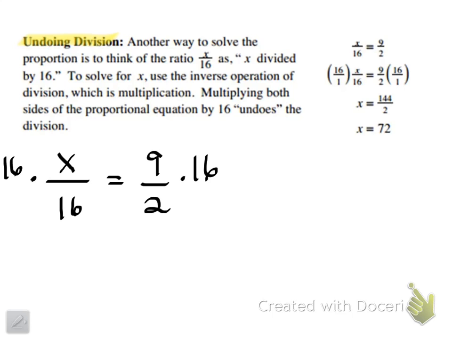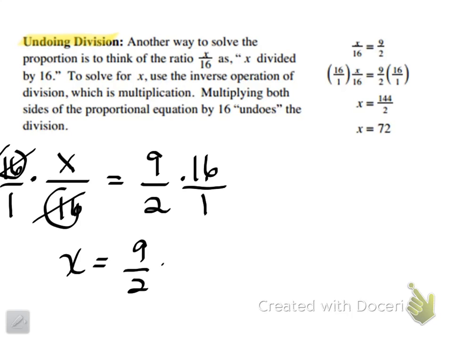Now multiplying both sides by 16, we see here that 16 can always be 16 over 1, and now we just have a multiplication problem. But we can do some canceling out. 16 divided by 16 is 1, so we're left with x equals 9 over 2 times 16 over 1.